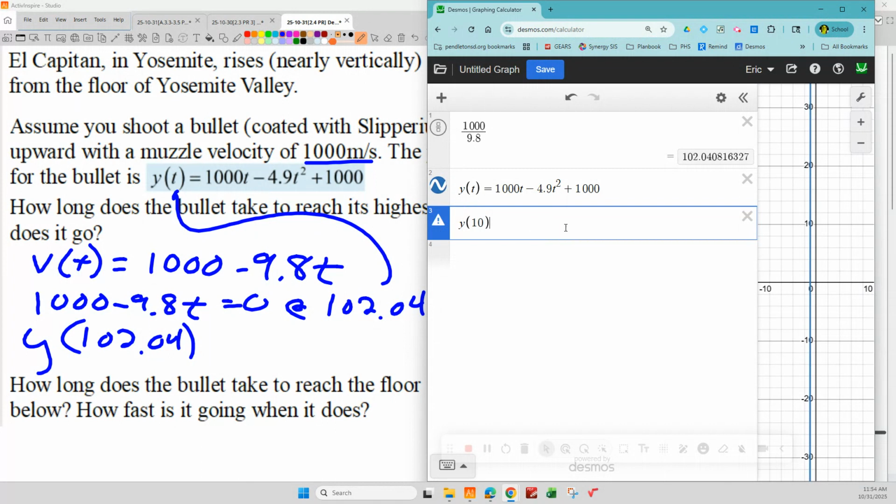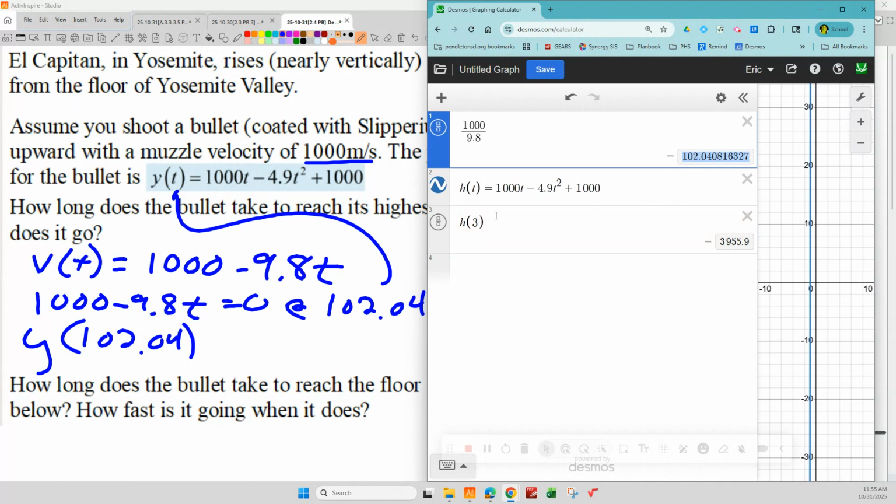I shouldn't have to add an x to the equation. That's bizarre. Yeah, I'm going to call it h. I don't know why it's doing that. I guess because y is a variable, maybe. We'll just call it height. Yeah, now it works. Okay.